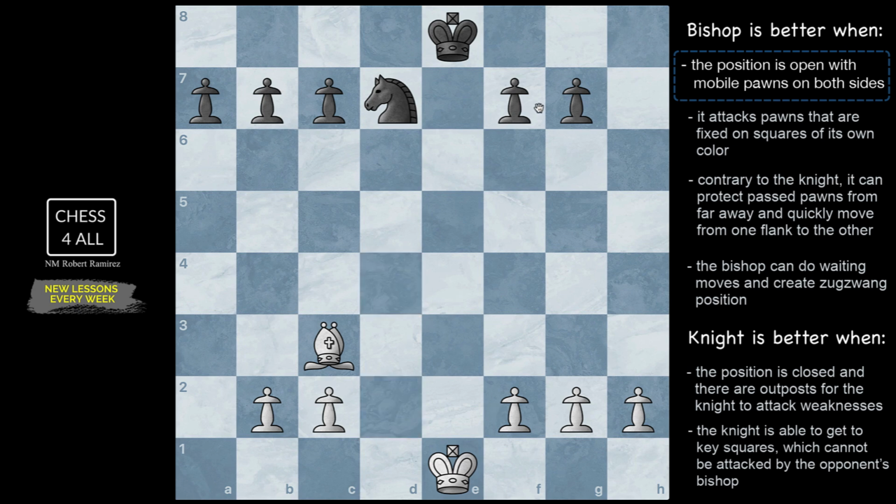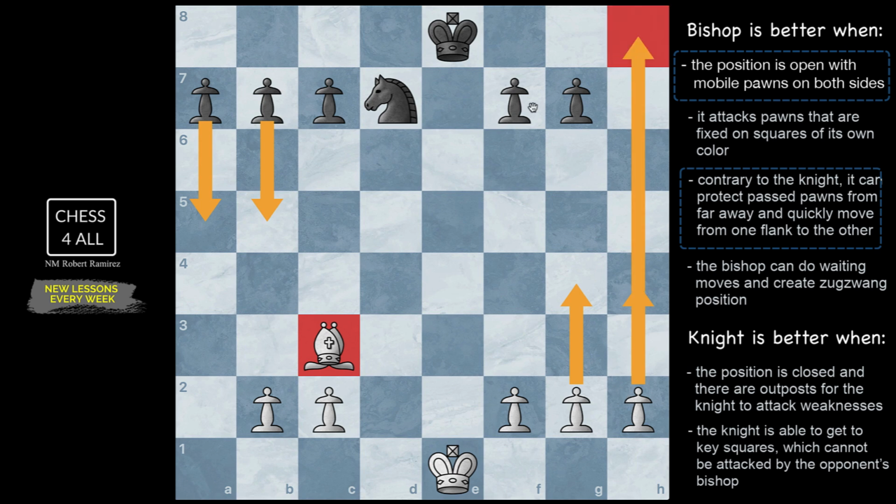There's a pawn majority on this side, pawn majority on this side, and the point is that this is going to allow us to create a passed pawn, and at the end of the day, the bishop again is going to be superior because from here, my bishop could help that pawn get to the end, and it could also control the promotion square or simply control that passed pawn just from sitting on c3. The knight has to go crazy from one side to the other. The knight cannot help that much. So again, if I'm the one with the bishop, I want to keep pawns on both sides, but more than that, I want to create imbalances.